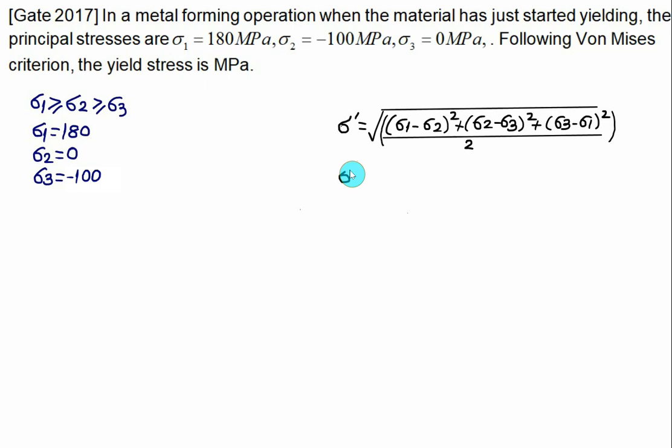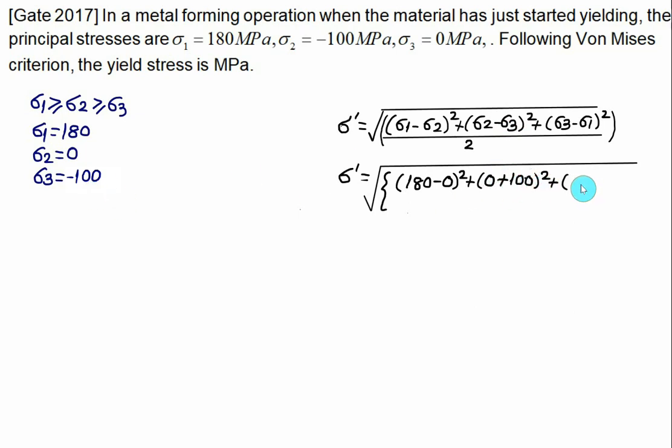So von Mises stress we can calculate as under root of sigma 1 is equal to 180, sigma 2 is equal to 0, square of it, sigma 2 equal to 0 and sigma 3 is minus 100, you have to make a square of it.